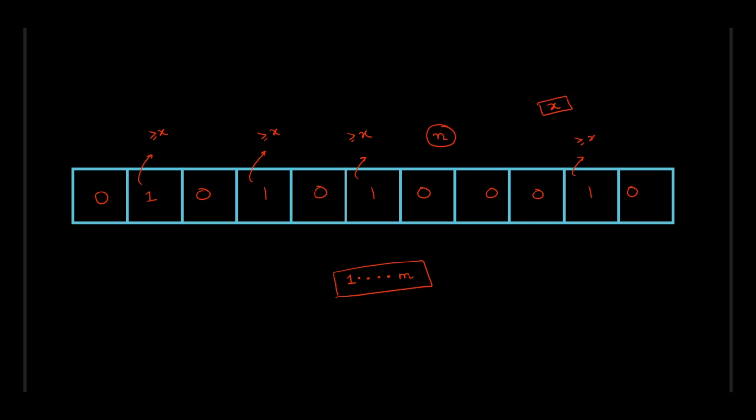And all the positions that contain a 0 at their bit value, you have to place a number that is strictly less than x, but those numbers should still satisfy the original constraint, which is that all the numbers should be in the range 1 to m.